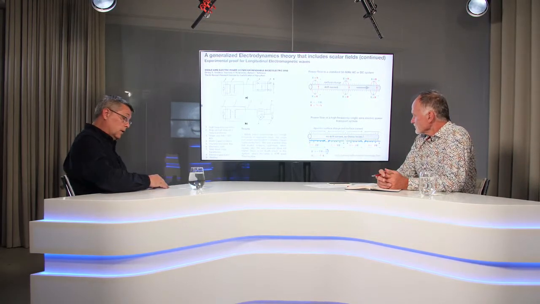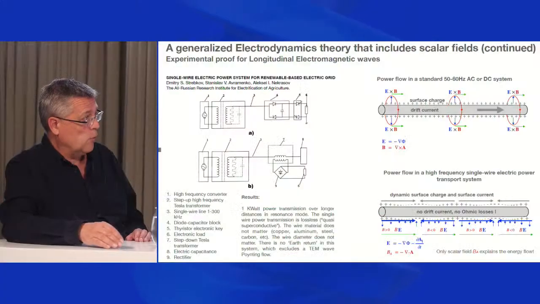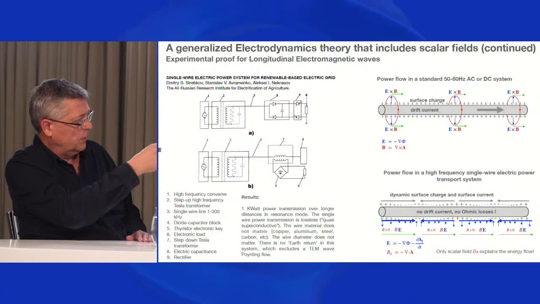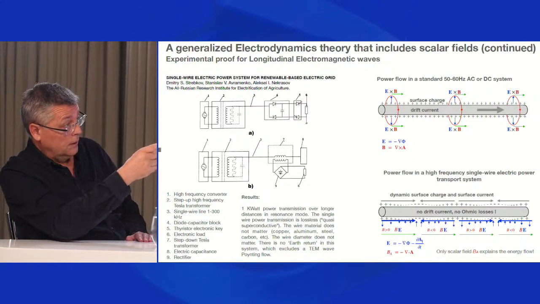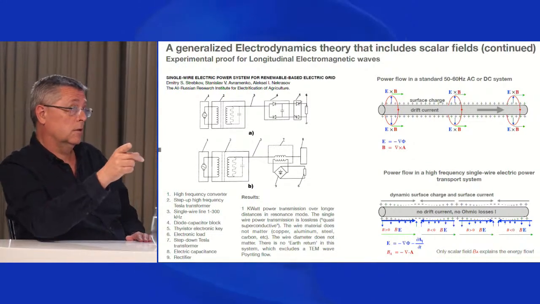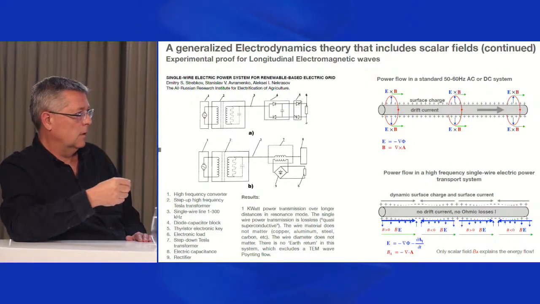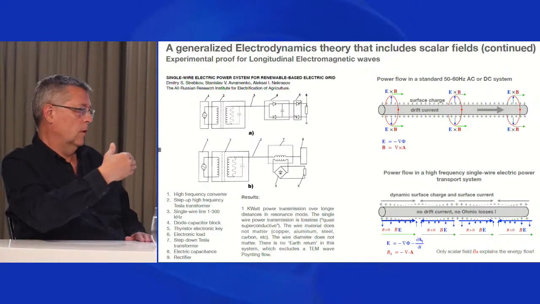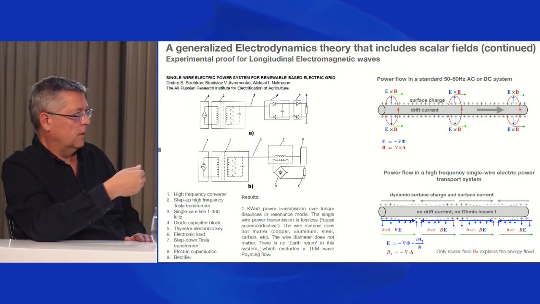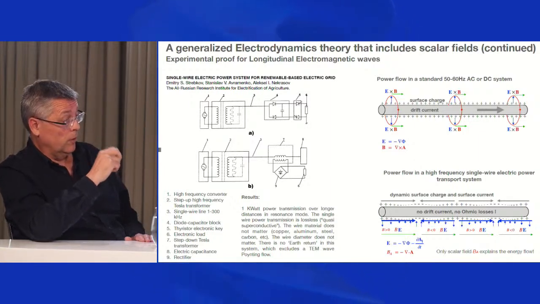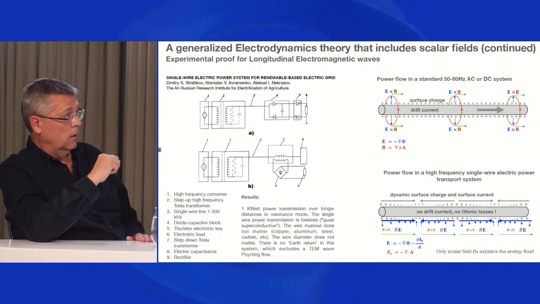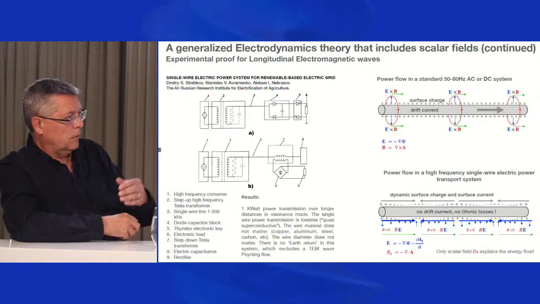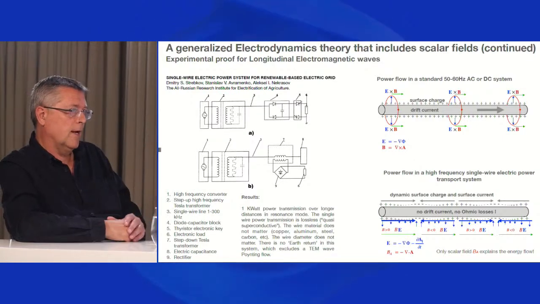So we have now a totally different type of power flow, which is represented by the green arrows. And we see the electric field, it changes orientation all the time. And that's the blue arrows. They go to the right and then to the left. But if you multiply this with B, which is a scalar factor, then you end up with a unidirectional flow of power, actually.